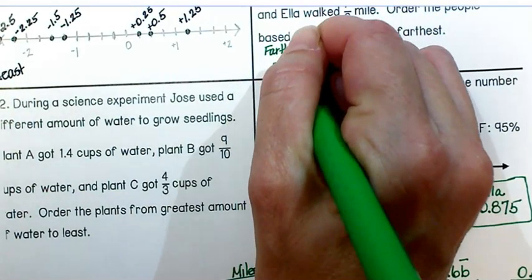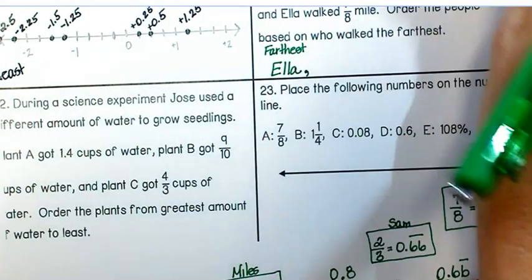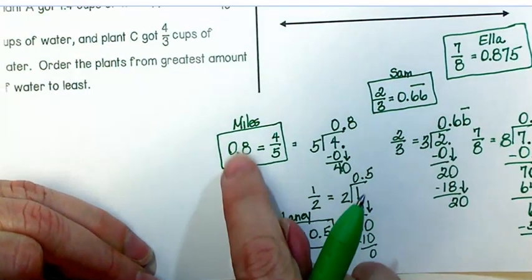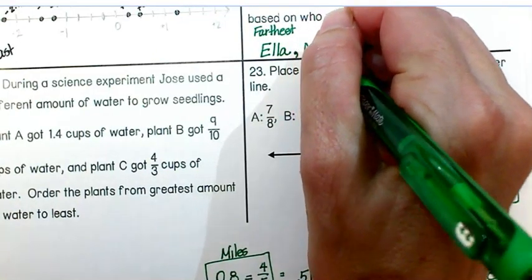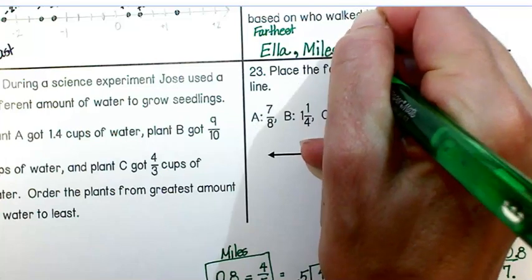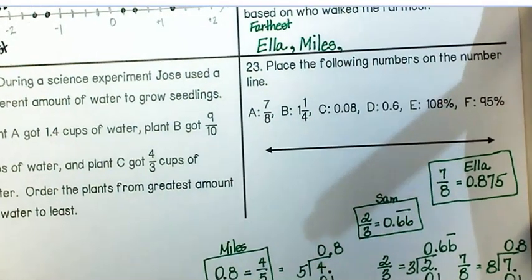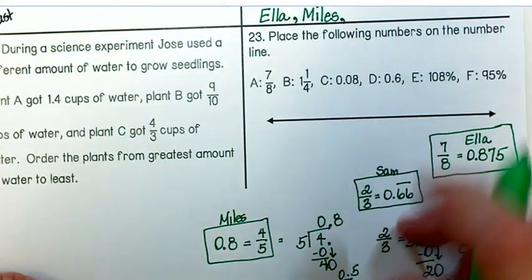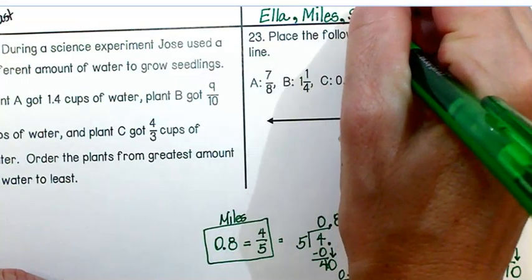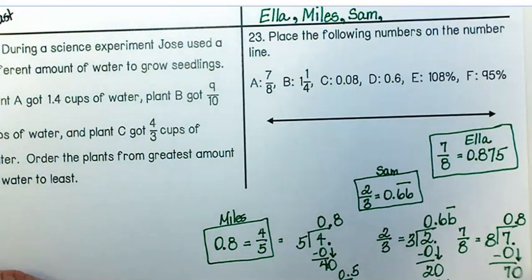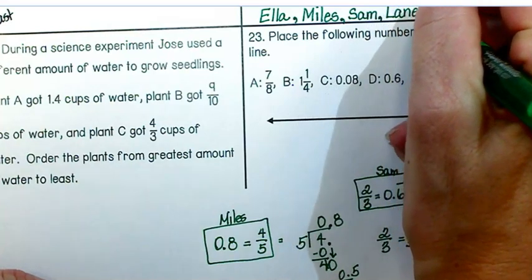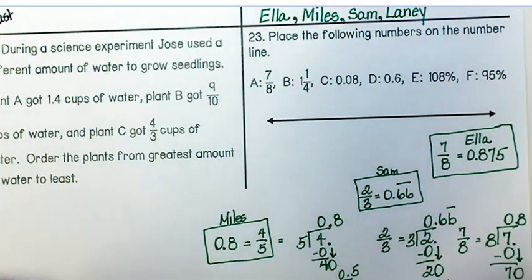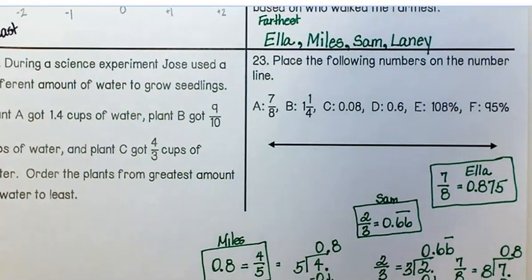So 0.875, Ella walked the farthest. Next was Miles, 0.80. Then Sam, and Lainey, who only had to walk 1/2 a mile, walked the least. So there's your order.